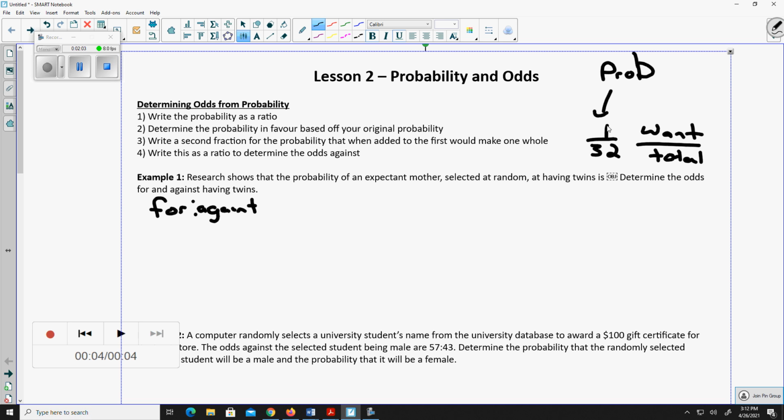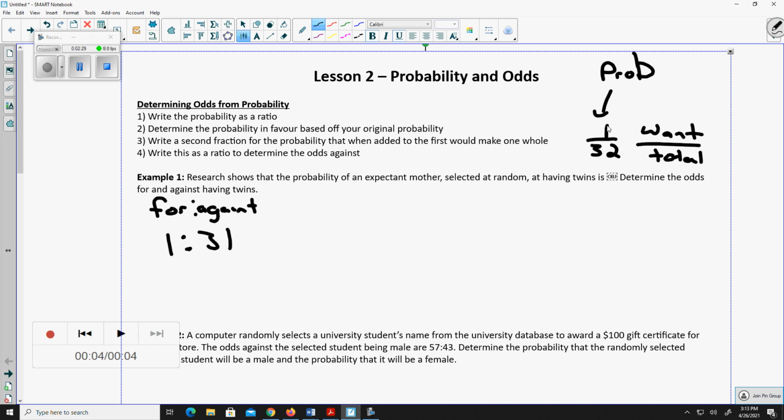And it's a simplified version. Kind of watered it down for you guys so you don't hurt yourselves. That's what I'm trying to get at here. So, what are the odds of having twins? Well, we know it's 1 out of. Now, the total was 32. So if we've taken one of those and had twins, the total against not having twins would be 31.